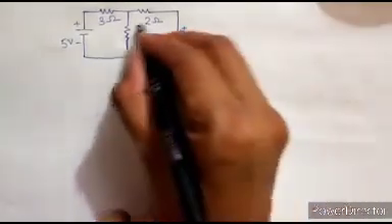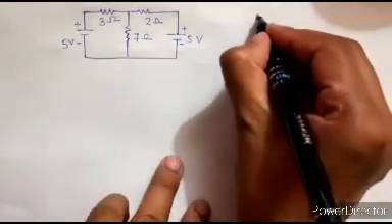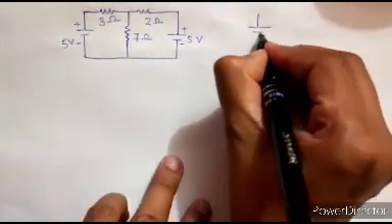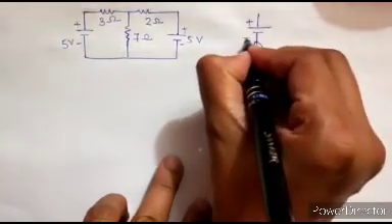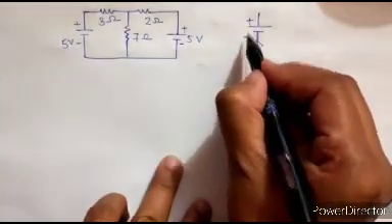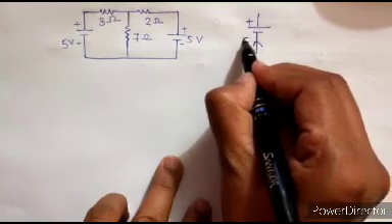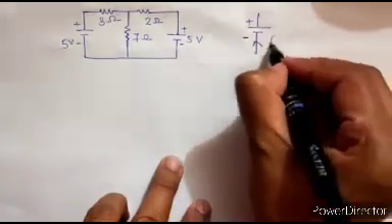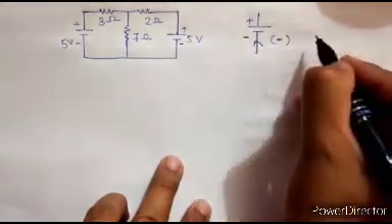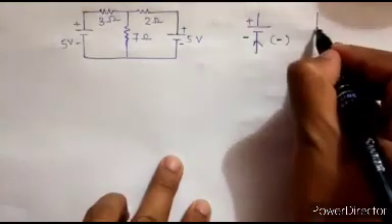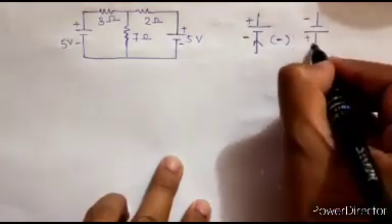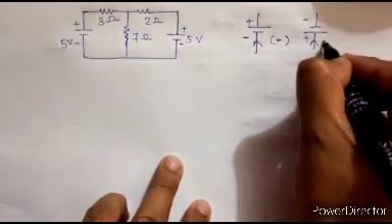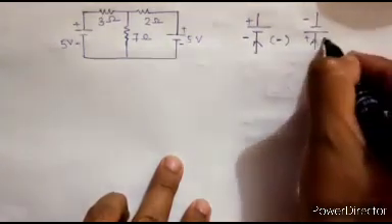Before solving this circuit, first we have to remember: if the current flows from minus to plus, then take the sign of voltage as minus. If the current flows from plus to minus, then take the sign as plus.